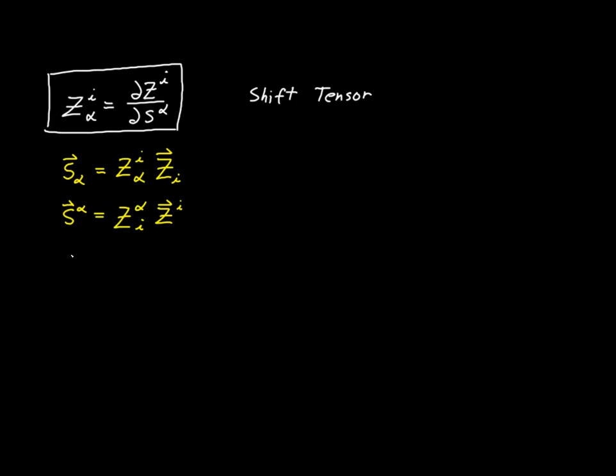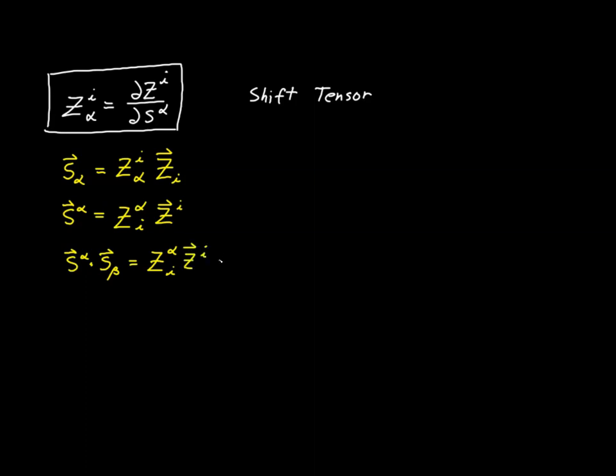So now what I want to do is to find the dot product of the contravariant basis vector and the covariant basis vector, like this. Okay, so the first term here, S alpha, we'll just use this expression. It's going to be our inverted shift tensor, Z alpha I times Zi.